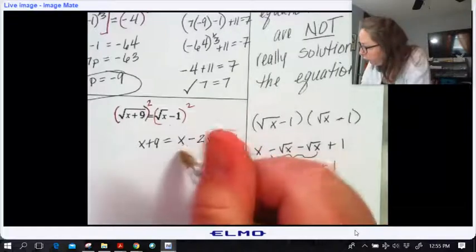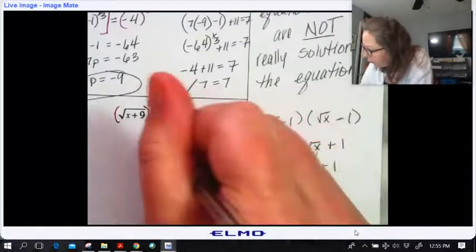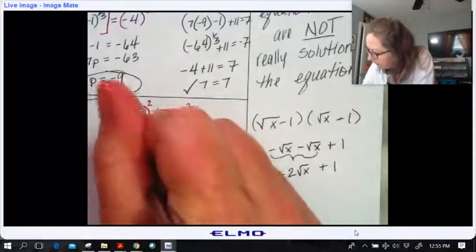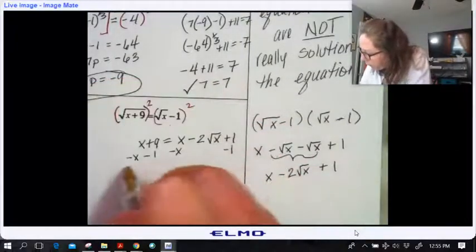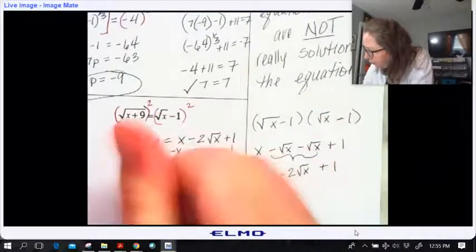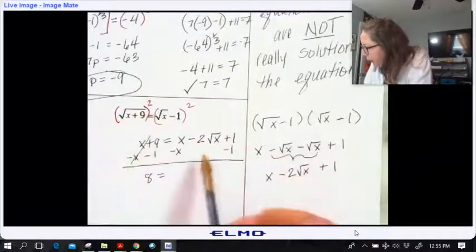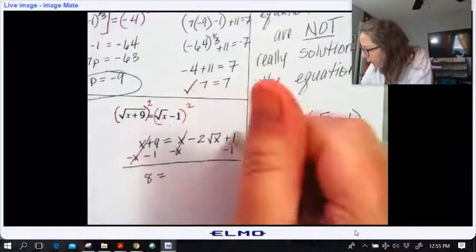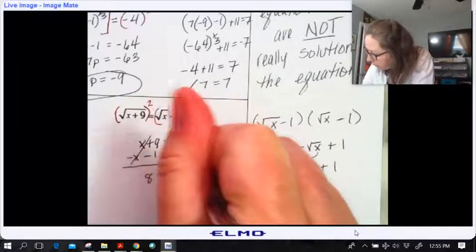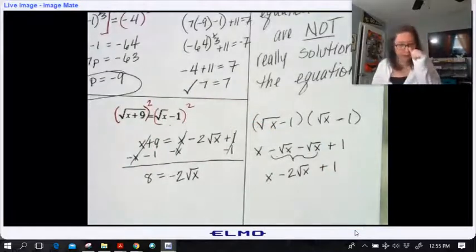So if I subtract x and I subtract 1 from both sides, here's what I get. 9 minus 1 is 8 equals, these cancel, negative 2 square roots of x. Okay.